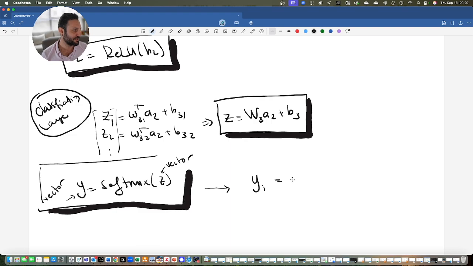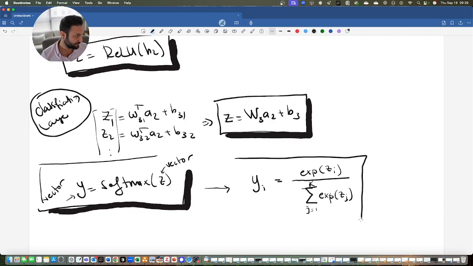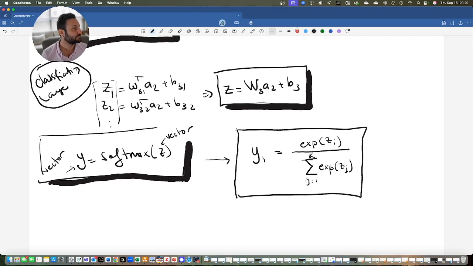Yi was exponential of Zi, but in the denominator it has everything else: the sum over j equals 1 to the number of classes, which we call K, of exponential of Zj. Let me mark this too, because this is also important.